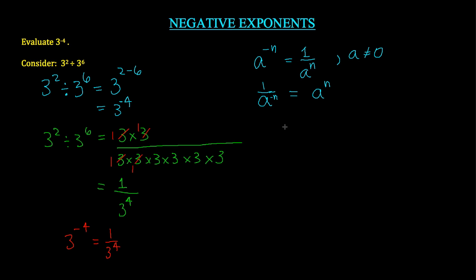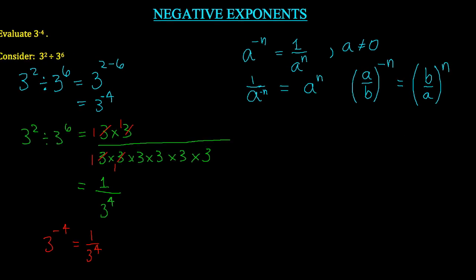And then finally, one that's really useful is this one. When I have a divided by b, a fractional quantity in brackets raised to a negative n, I simply flip that and make it b divided by a to the positive n.